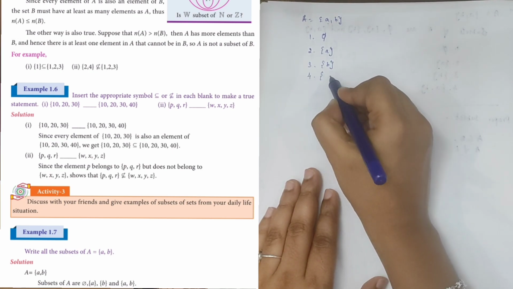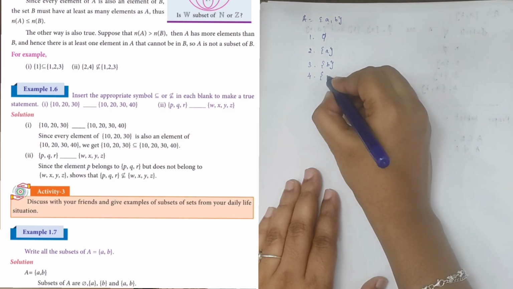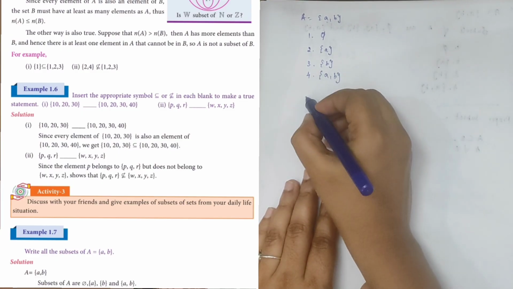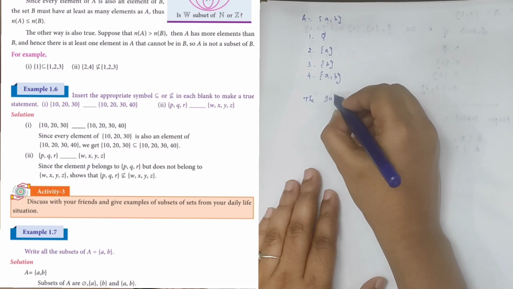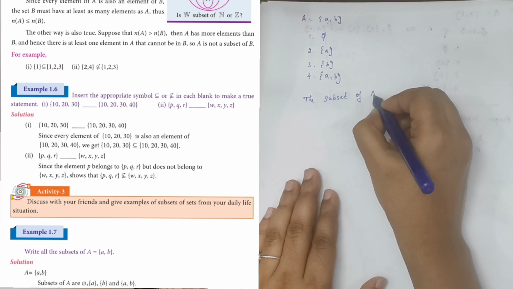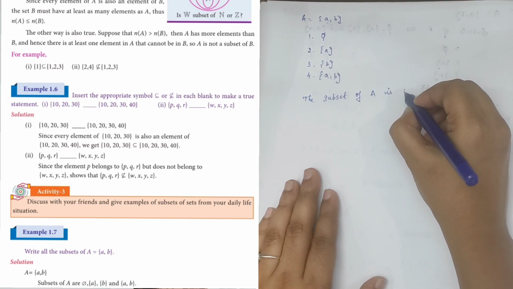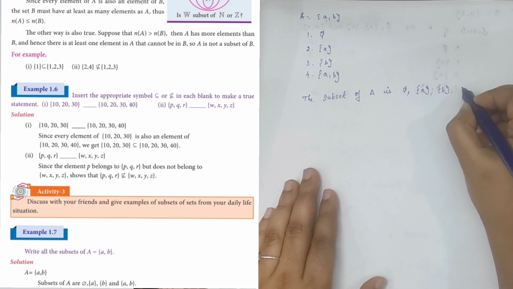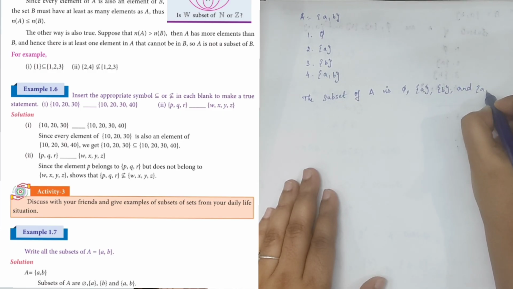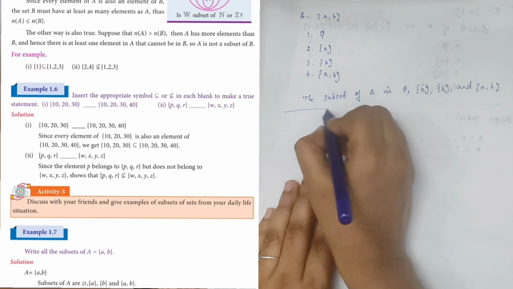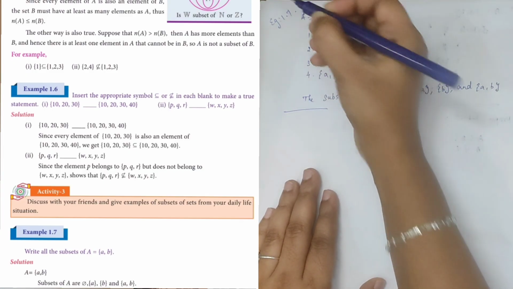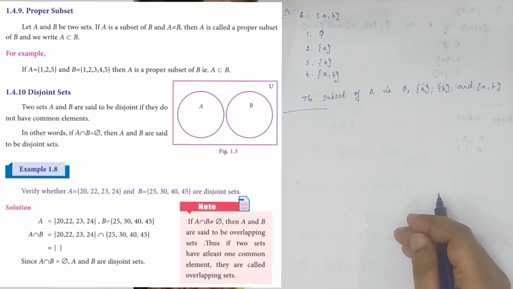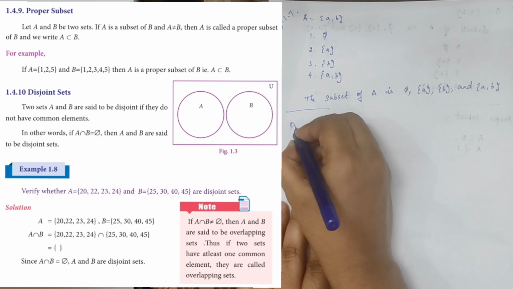The fourth one, you take both the elements, {a, b}. So the subsets of A are the null set, {a}, {b} and {a, b}. Understood? So this is example 1.7. Now let's see about proper subset.